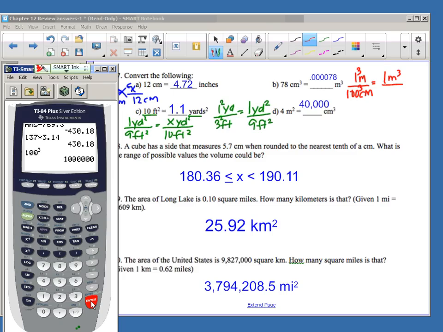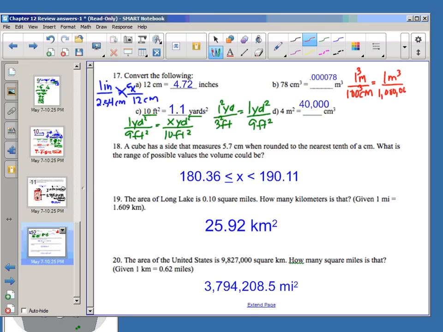Now I'm going to use that proportion. 1 meter cubed is 1 million centimeters cubed. I'm going to set that equal to x over 78. When you cross multiply, you should get 0.00078.